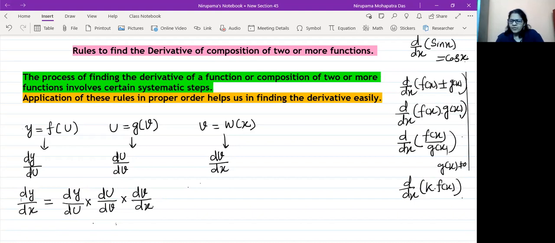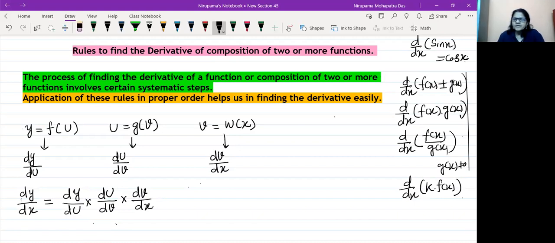We have also studied algebra of derivatives, in which we covered the derivative of the sum of two functions, like f(x) and g(x), or for example sin x plus e to the power x.